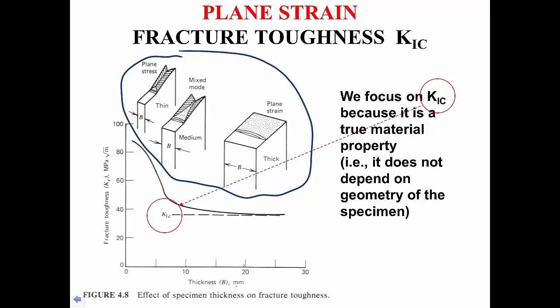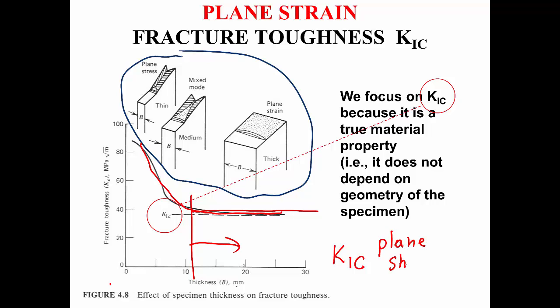And in this graph, you see the quantitative variation of fracture toughness, which is decreasing as the thickness becomes larger. And there is a certain thickness and above for which this value is pretty much constant, and we call this value K1C the plane strain fracture toughness of a material.